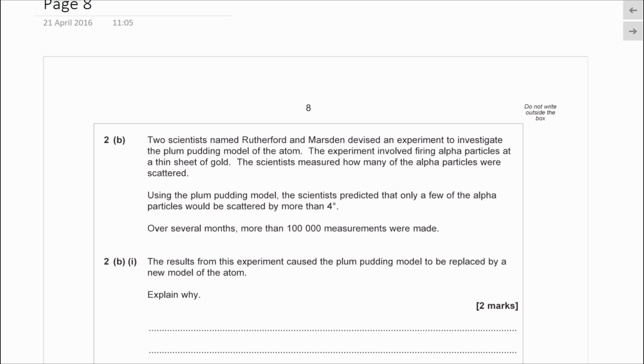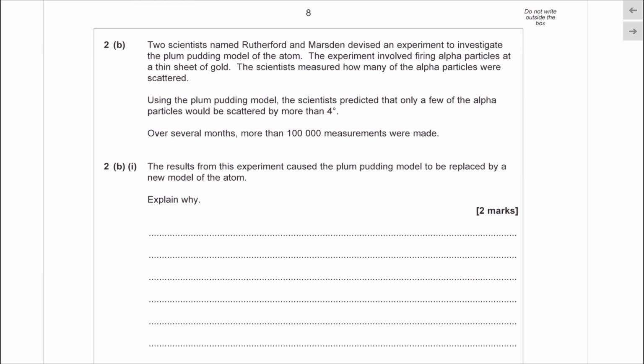So we carry on. 2 scientists, Rutherford and Marsden, devised an experiment to investigate the plum pudding model of the atom. The experiment involved firing alpha particles at a thin sheet of gold, and they measured how many alpha particles were scattered. Using the plum pudding model, the scientists predicted only a few alpha particles would be scattered by more than 4 degrees. Over several months, more than 100,000 measurements were made.